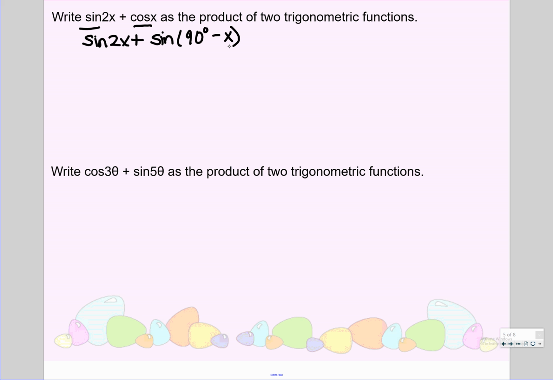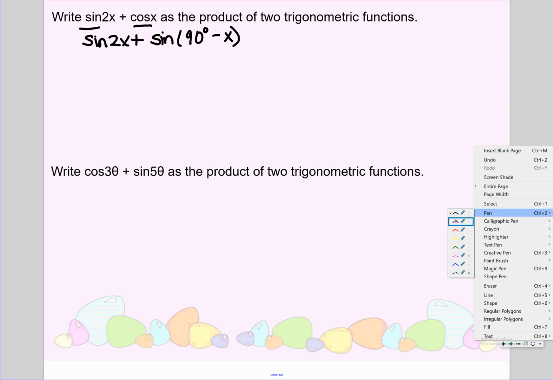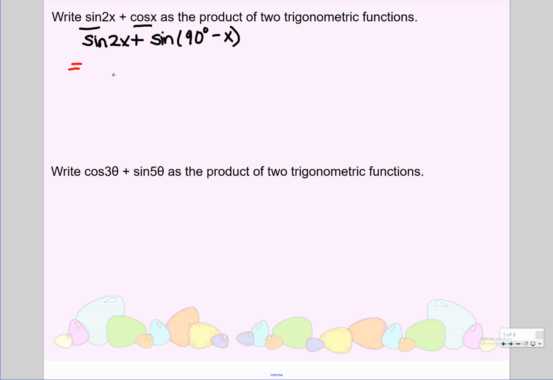Now I have two sines that are added together, so I can use the sine x plus sine y identity. Everywhere you see x, you're going to put 2x in its place. Everywhere you see y, you're going to put 90 minus x in its place. So that one looks like 2, and then sine, and then we're going to add up our angles and divide by 2: 2x plus 90 minus x over 2.